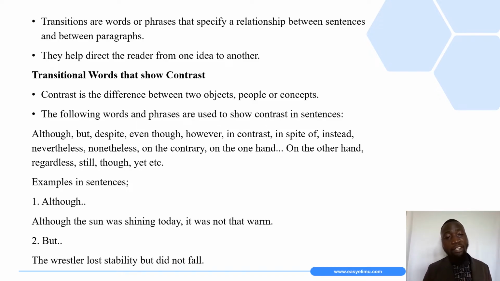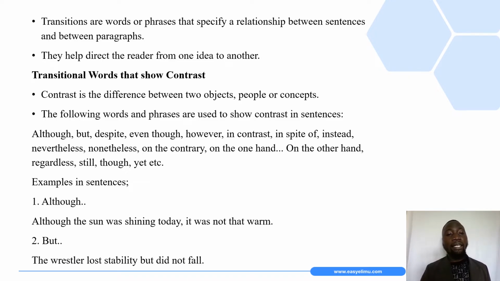If you were not with us previously, we said that transitions are words or phrases that specify a relationship between sentences and between paragraphs, and they are also called connectors because they join two ideas in a sentence.